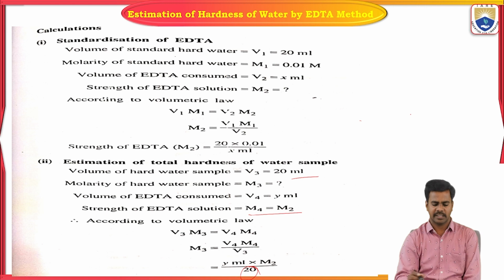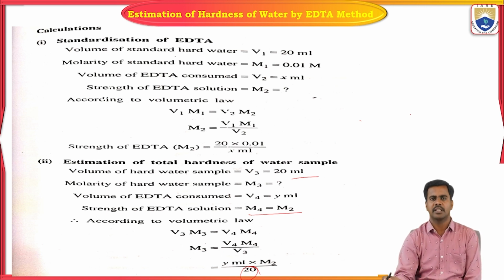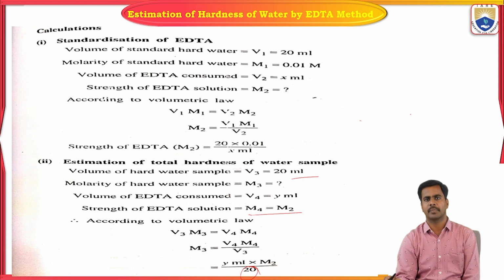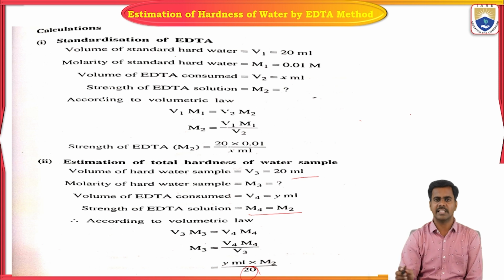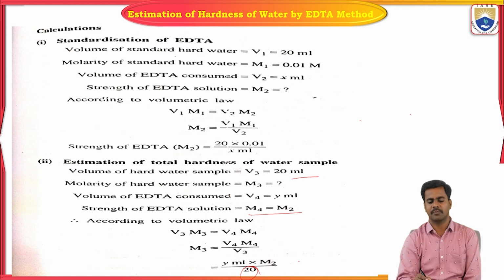Then we can get the M3 value. So the hardness of tap water, while using hard water, by using EDTA we can determine. That is M3 is equal to some value.